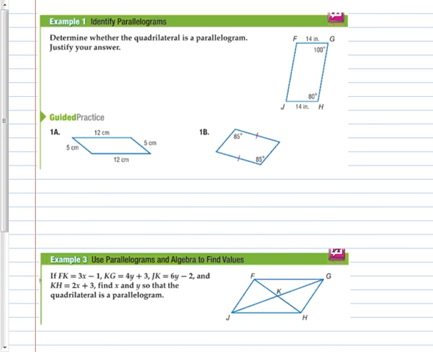So armed with those four facts, determine whether the quadrilateral is a parallelogram, and then we are going to justify our answer. So looking at this over here, do we know that is a parallelogram? And then if so, why?